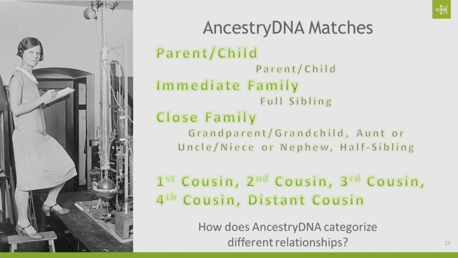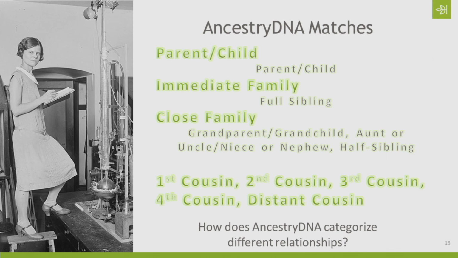And then we have immediate family. So immediate family will include your full siblings. And so I'm sure when your siblings were tested, they all showed up in the immediate family category. And then close family. This is where it gets a little more broad. Close family can include grandparent, grandchild, aunt, uncle, half-sibling, niece and nephew. And then first cousins, second cousins, and third cousins, we're really good at predicting.